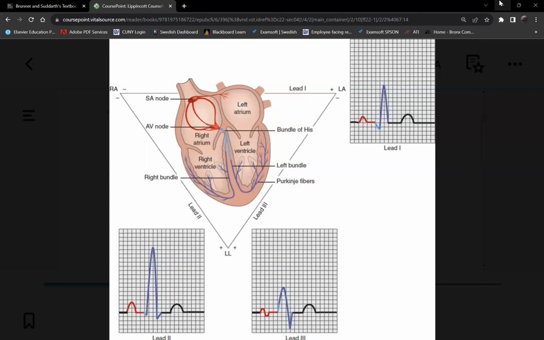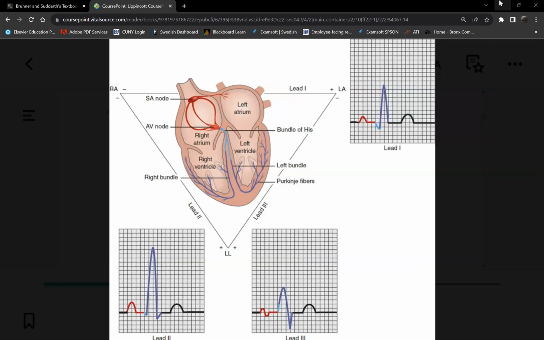When the SA node fires, the electrical impulse will reach the left atrium instantaneously, causing both atria to contract at exactly the same time. There's no delay. That same electrical impulse is transmitted to the AV node, then to the left and right bundle fibers, and all the way to the Purkinje fibers, causing the ventricles to contract.